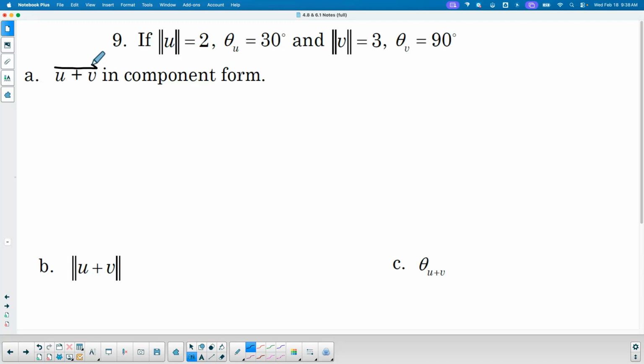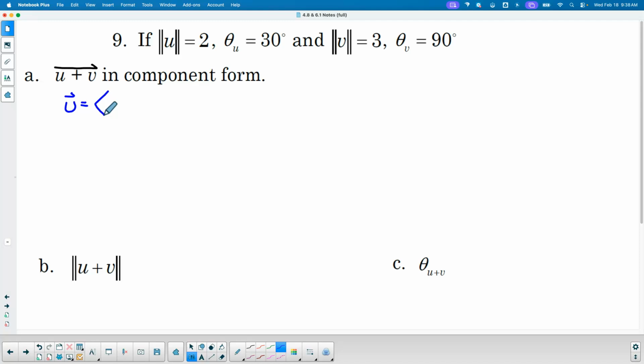Well, can I find the component form of just vector u? What's the component form of vector u?